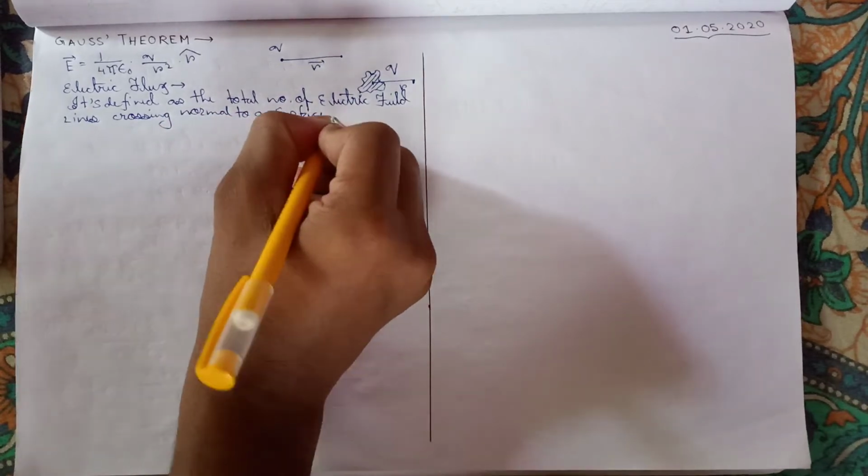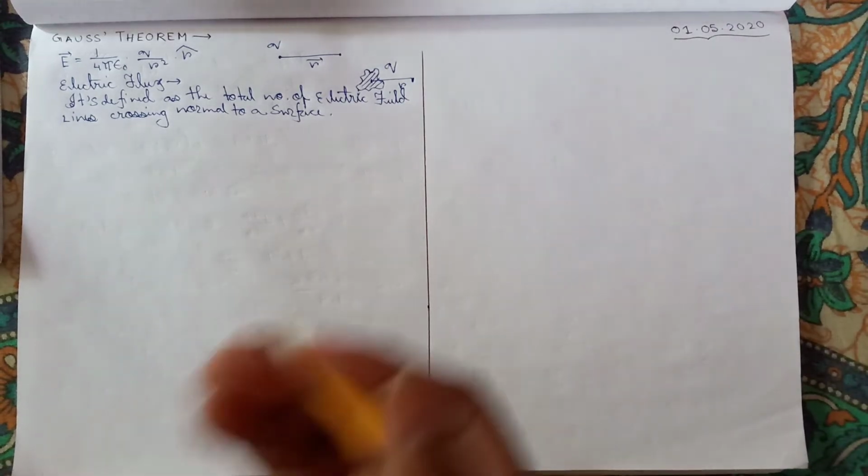So what is normal? Why is it normal to a surface? I will come to that part.